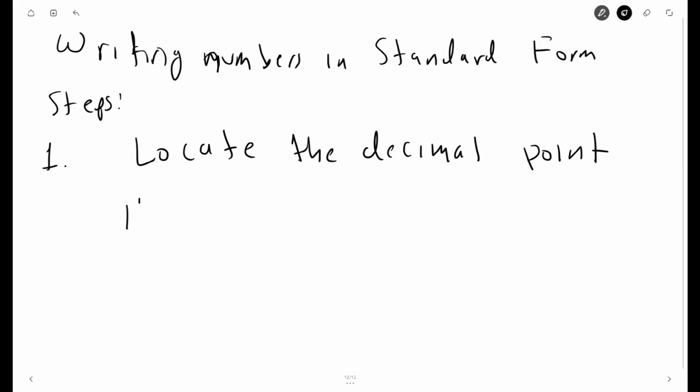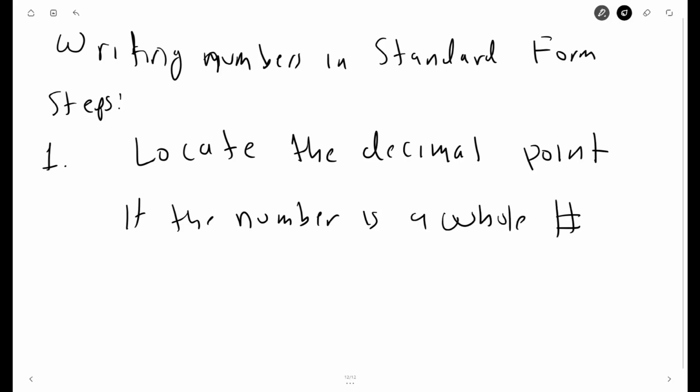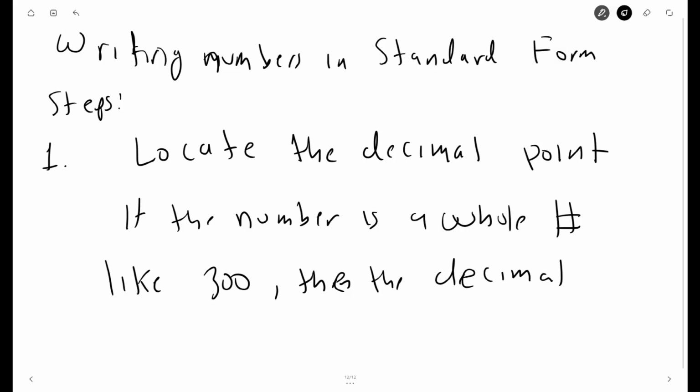If the number is a whole number, like 300, then the decimal point is at the end.